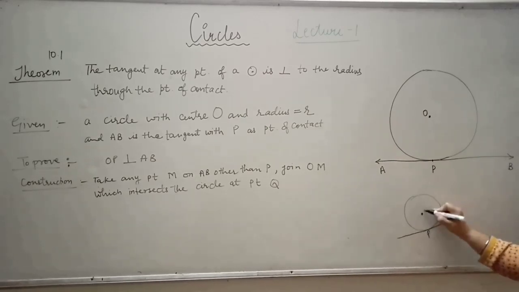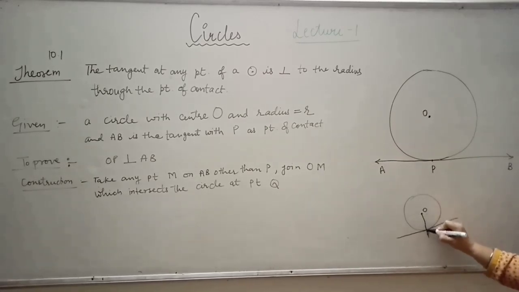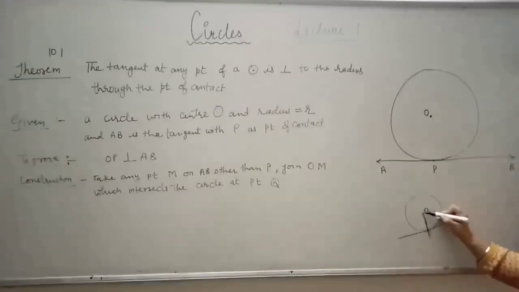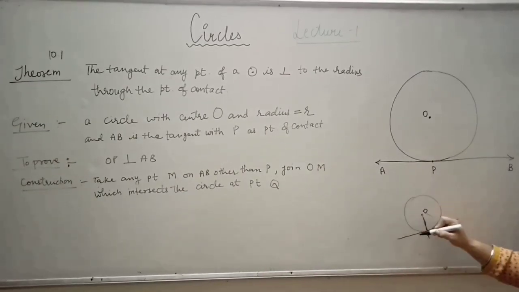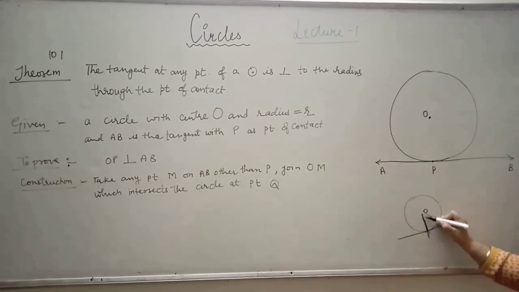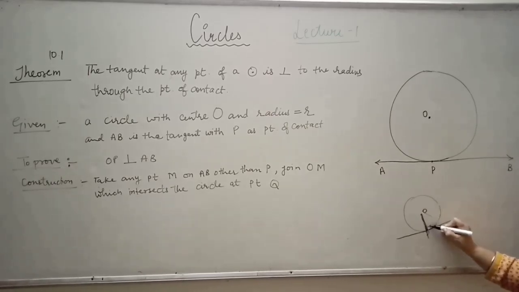If we draw this radius, then this radius which passes through this point of contact, because otherwise you can draw so many radii, this particular radius will be perpendicular to this tangent.